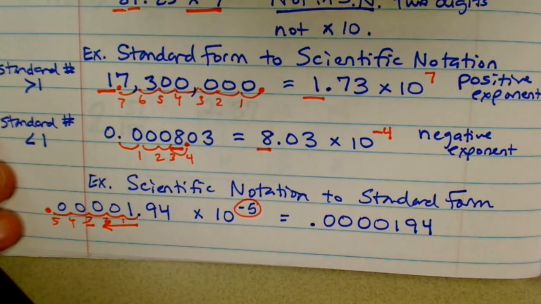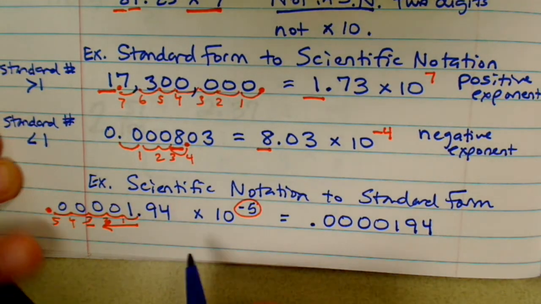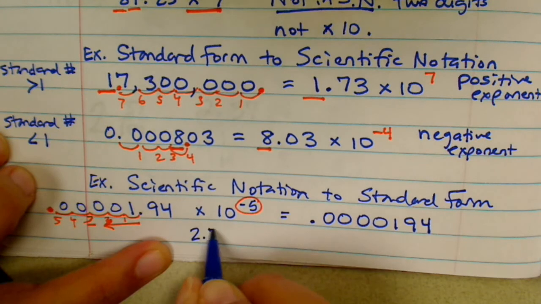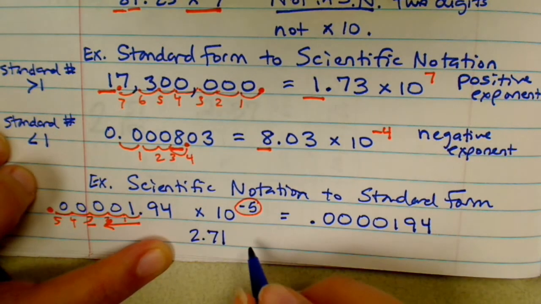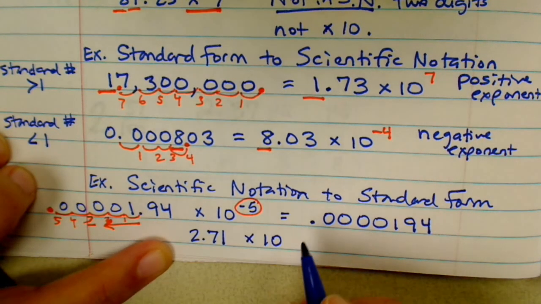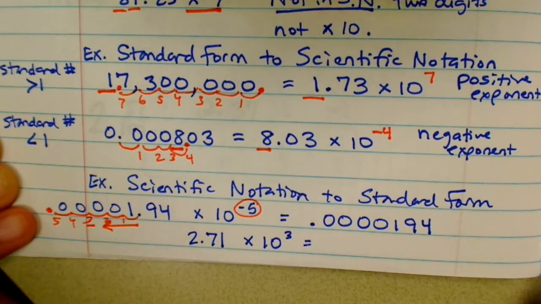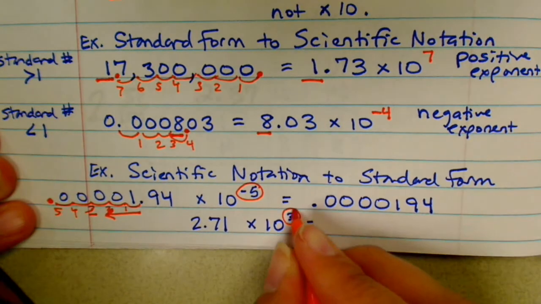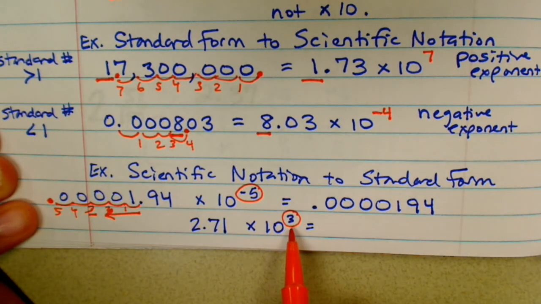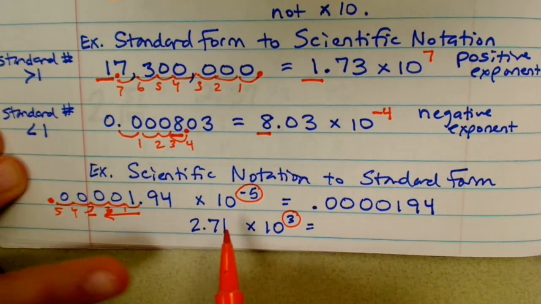Let's do one more example. Let's go ahead and write down 2.71 times 10 to the 3rd power. In this case, I'm going to look at the exponent again, and since that is a positive number, I'm going to move in which direction?